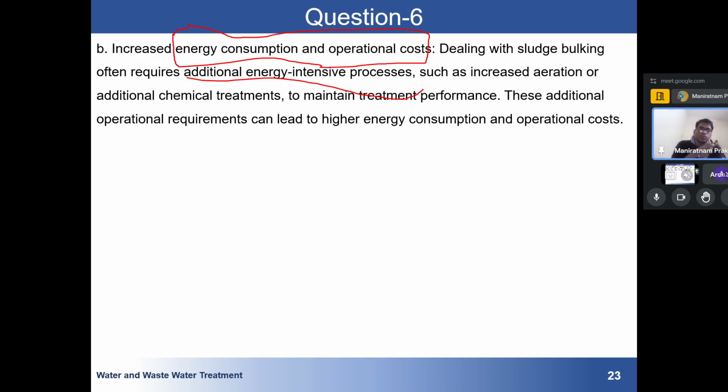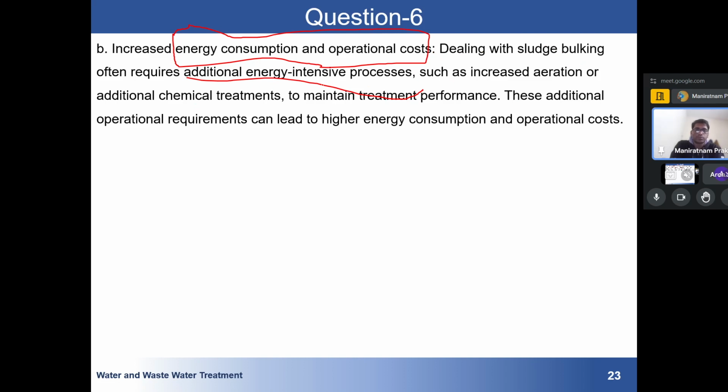This is well understood. My target was to remove or degrade organic matter. Now there is a secondary problem, that is filamentous growth, so now I have to remove it. For removing it, I have to build another unit, so that will cost me an extra amount of money which was not required.